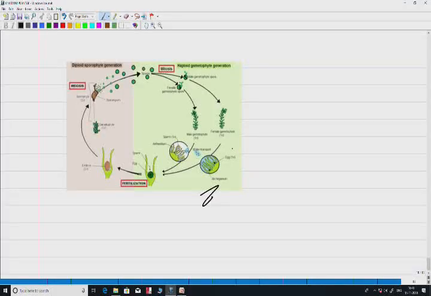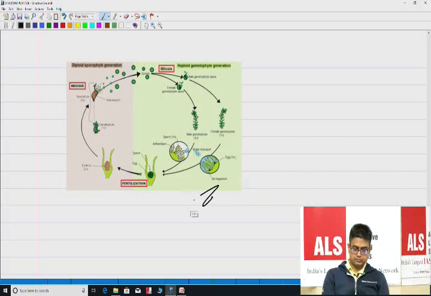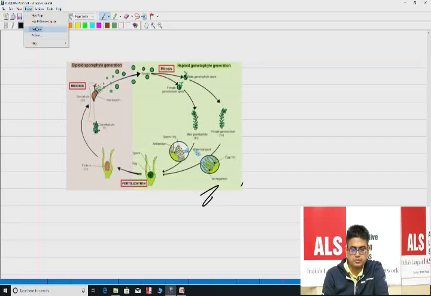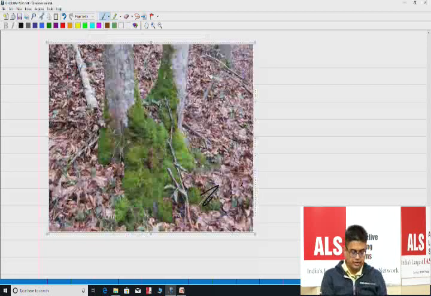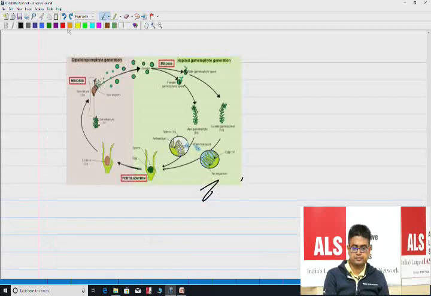Okay, alright. So yeah, here it is. This is the life cycle of bryophytes that I was talking to you about. Give me a second.